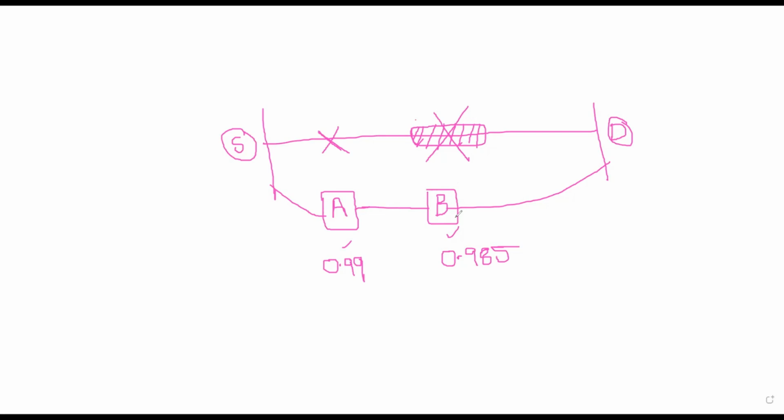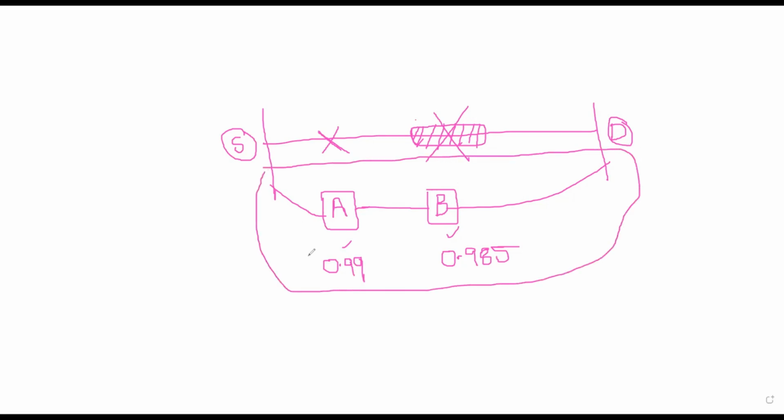Then a question was raised by one of the persons there: what would be the reliability of this entire path? A will fail once weekly, and B will fail 1.5 times in a week. Then what is the reliability of the entire system?